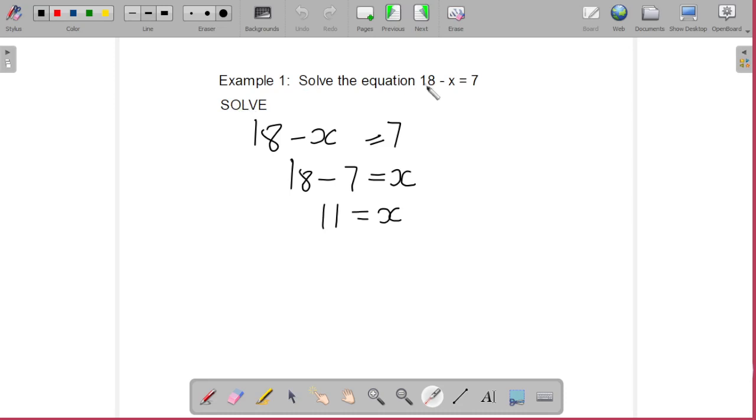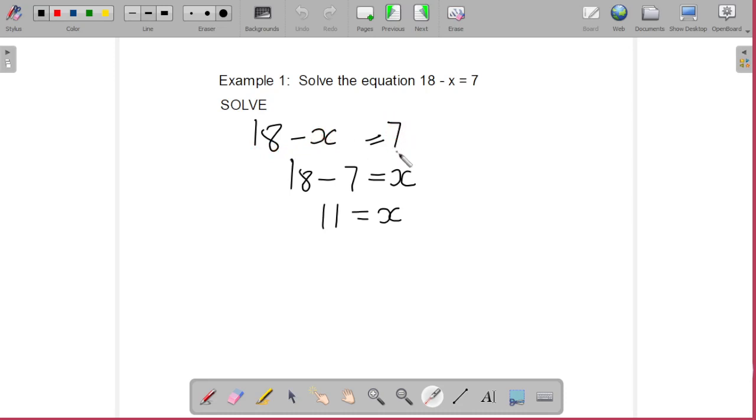This is example 1. It says solve the equation 18 minus x equals 7. The first thing you do is to write out your equation. The next thing you have to do is what we call collecting like terms, which means that we group values that look similar in nature to each other. When you look at this expression, we have a numerical value, an alphabet, and another numerical value.